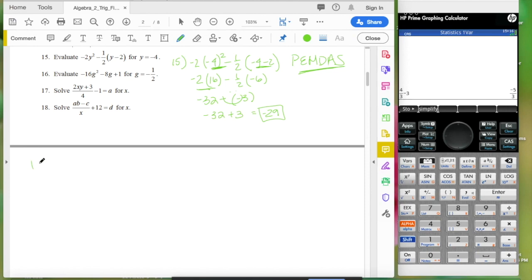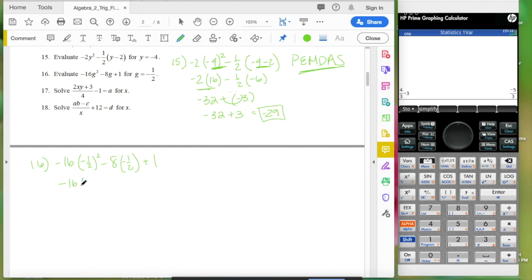Let's do 16 over here. So we have negative 16 and times it by negative 1/2 squared minus 8 times negative 1/2 plus 1. So 1/2 squared is going to be 1/4.